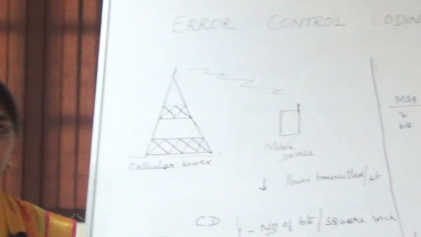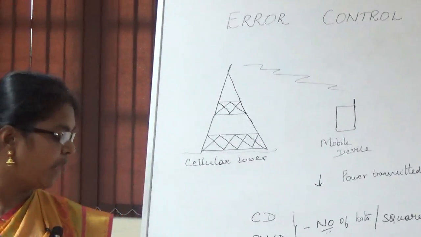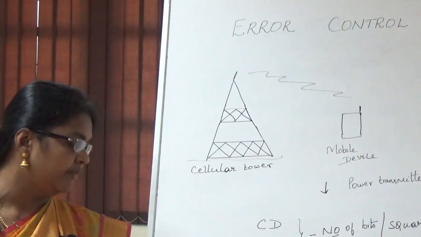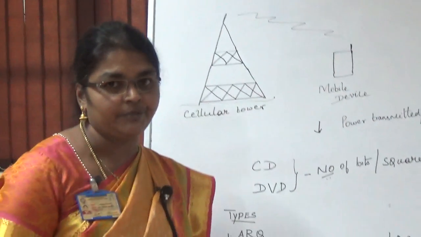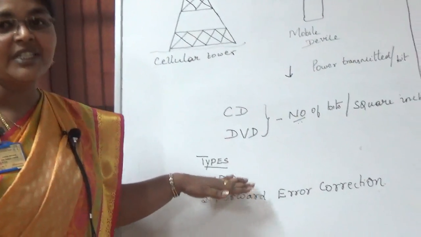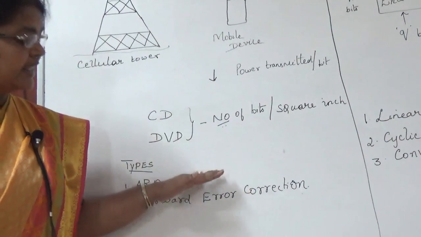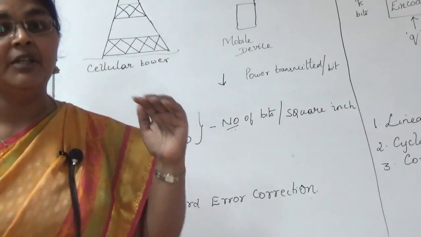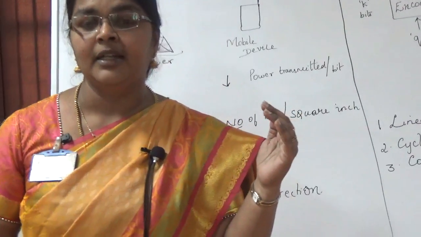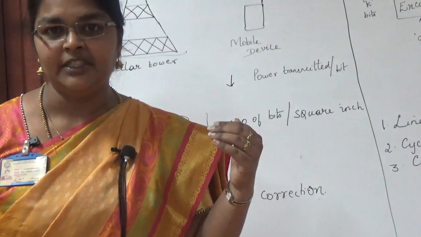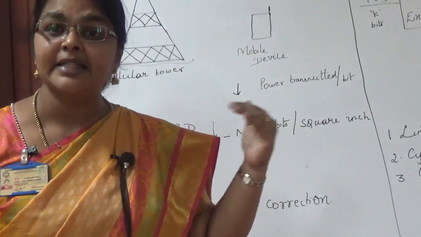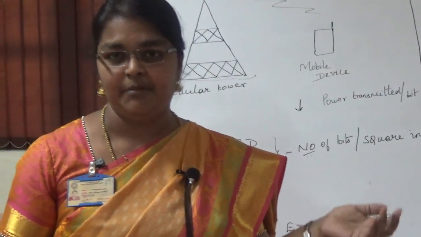In error control coding, we have two different types. One is ARQ, the second one is forward error correction. ARQ stands for automatic repeat request. In this method, the transmitter transmits the binary data and the receiver receives it. Again, it will ask for retransmission of the same data.